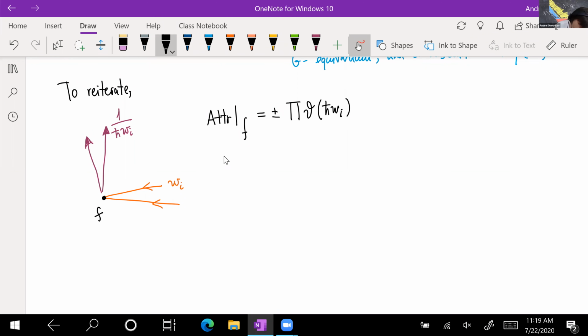Whereas if I want to take the theta of polarization restricted to f, well, what am I going to get?